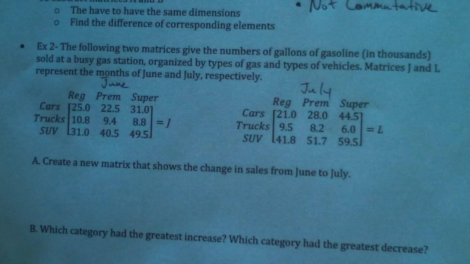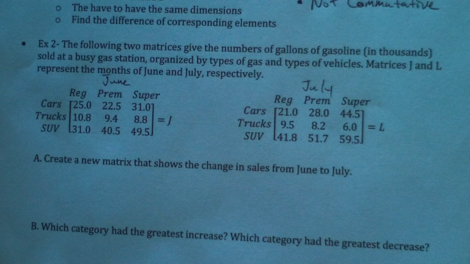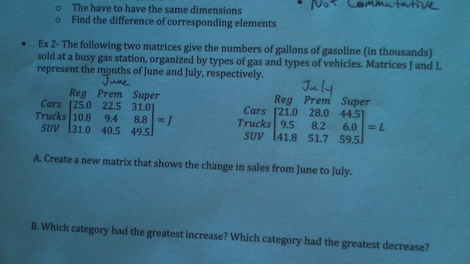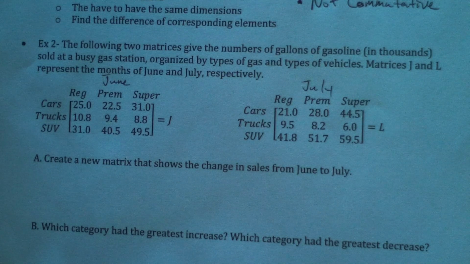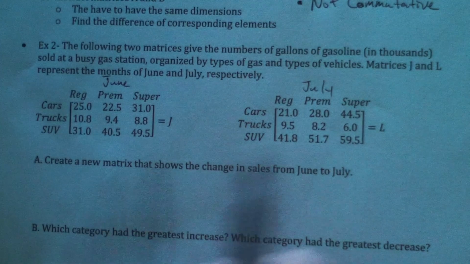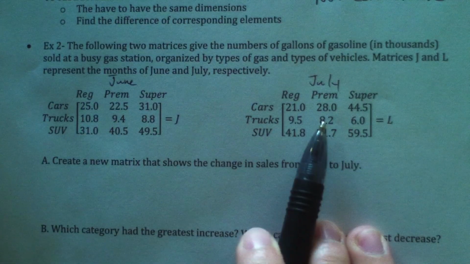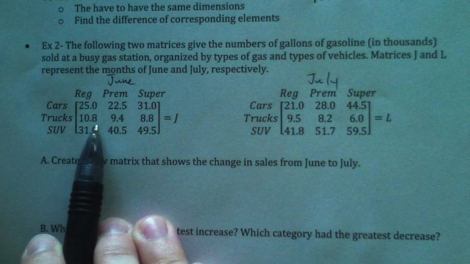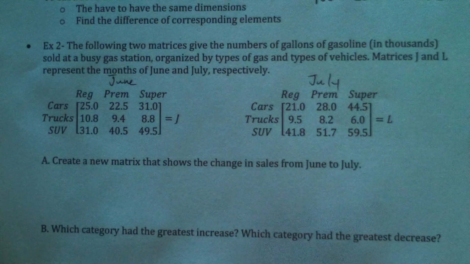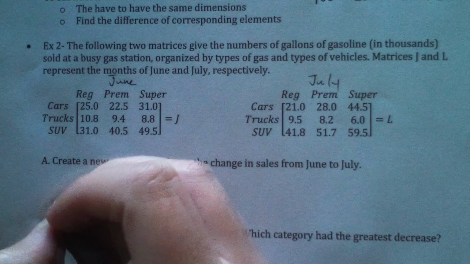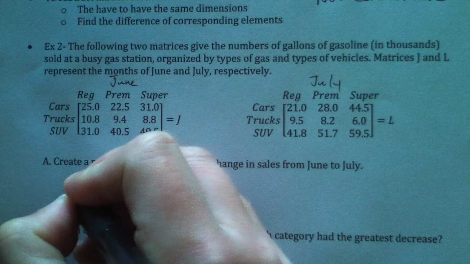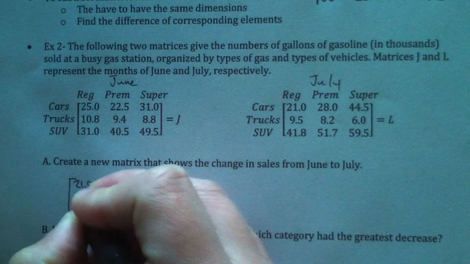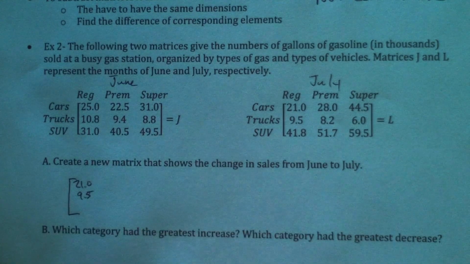So June 25.0, 10.8, and so on there. And then again, like we talked about before, you just take your elements that match up with each other.